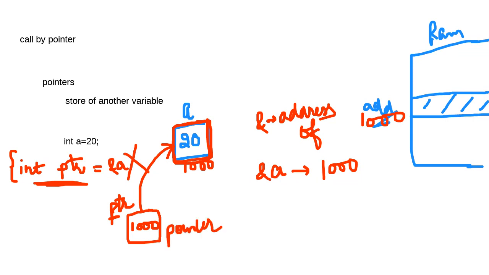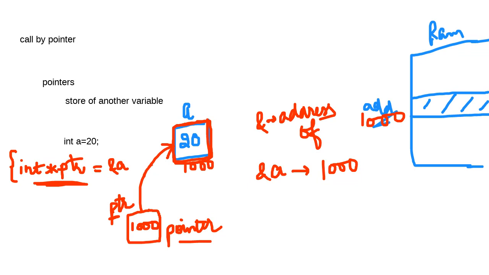Instead of int ptr, the data type will be int star ptr equal to ampersand a. Do you get my point?